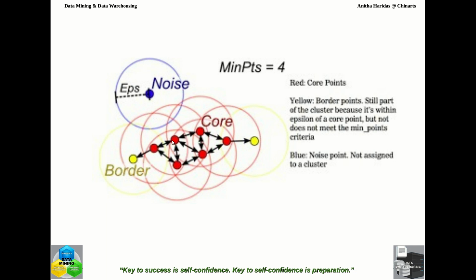You take this point, and in this region we have 4 data points, and if you take this, in this particular region it is having 4 data points. So all these are called core points because the epsilon neighborhood of these data points is greater than or equal to 4.